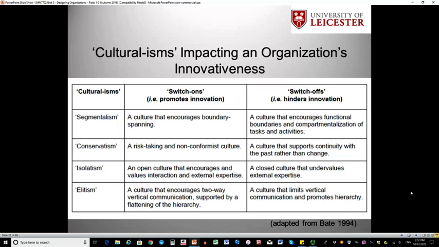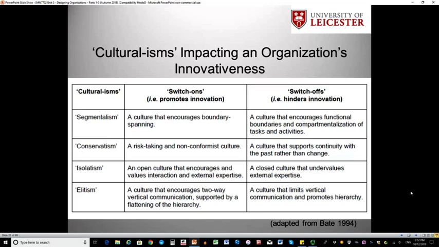Isolationism, the degree to which your culture is open to ideas from outside or not. And elitism, the degree to which the culture encourages communication up and down the hierarchy. So you can see perhaps there's some overlaps here between the work of Bate, Cantor and Burns and Stalker, but this is quite an interesting framework.